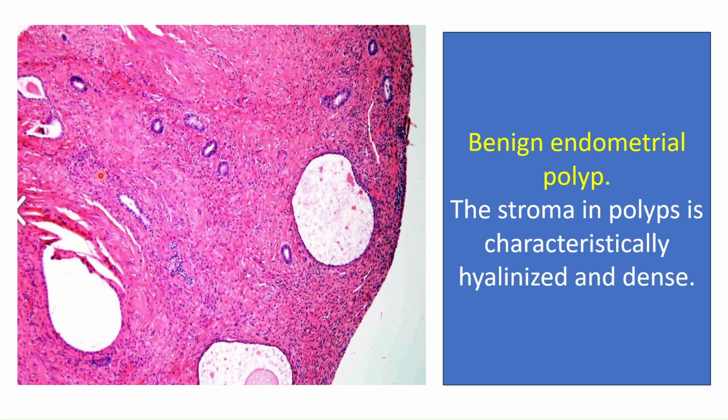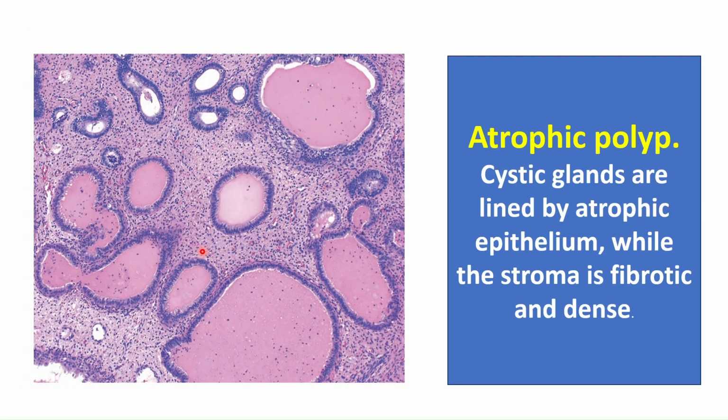Here the characteristic feature is the surface epithelium, which is not visible properly here, few cystically dilated glands, few inactive round tubular glands, and the important thing is fibrotic and hyalinized stroma. So this is hyalinized and dense stroma in the polyp.